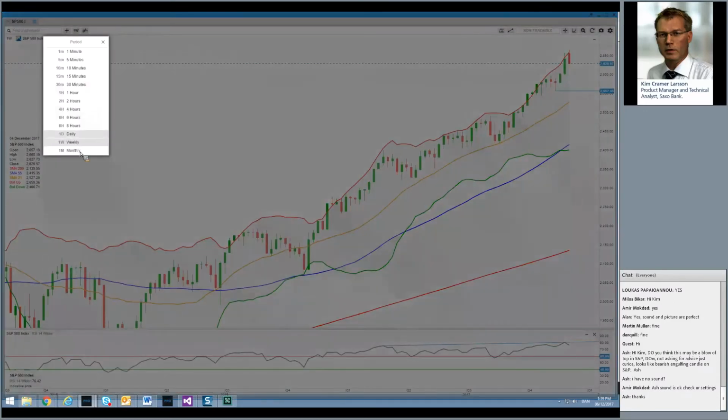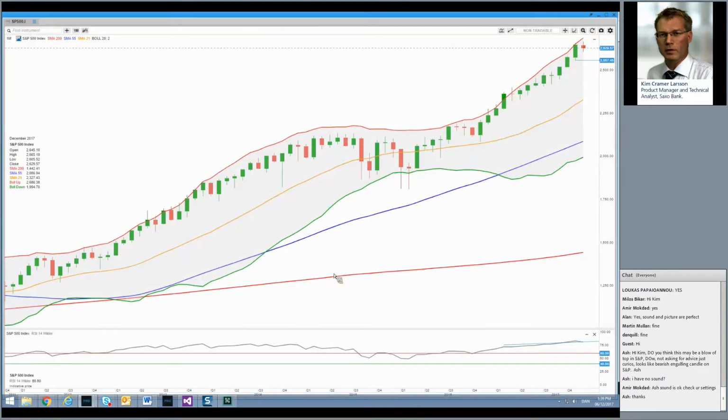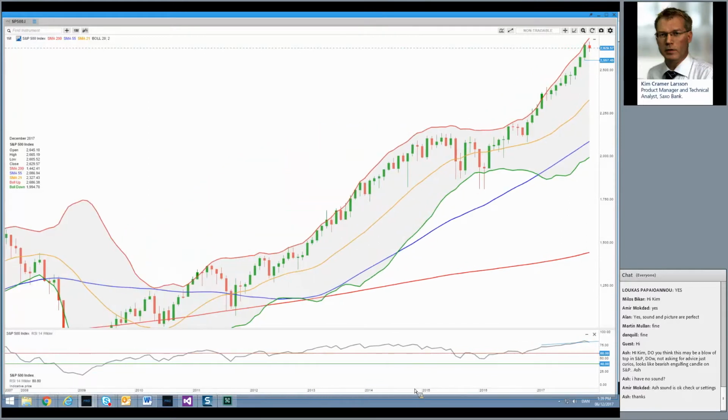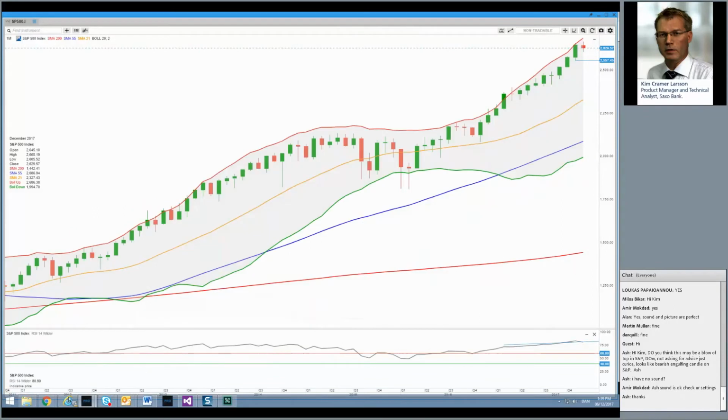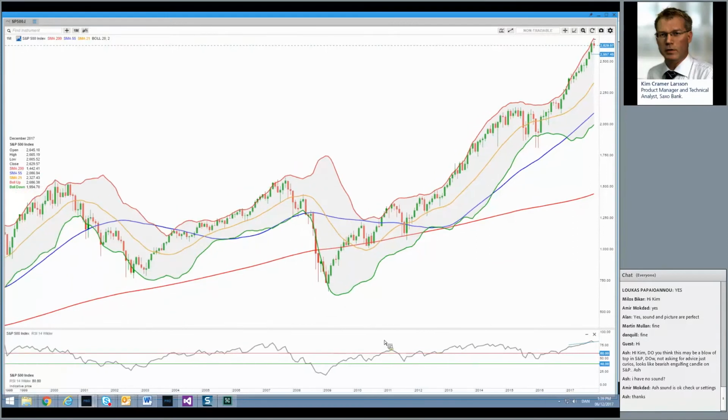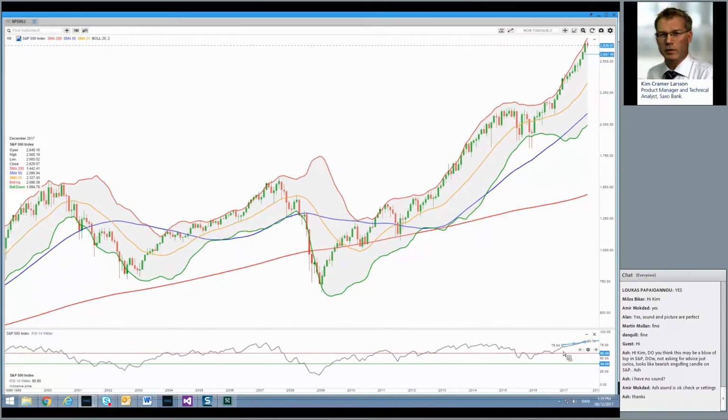If we zoom out even more on the S&P 500, and now we are actually going all the way back, let's get a little bit more history on here, so we have an idea what's going on. As you can see, RSI very high numbers. We haven't seen this high since, well, actually not since the financial crisis kicked in.